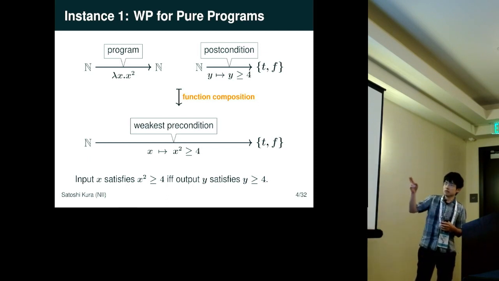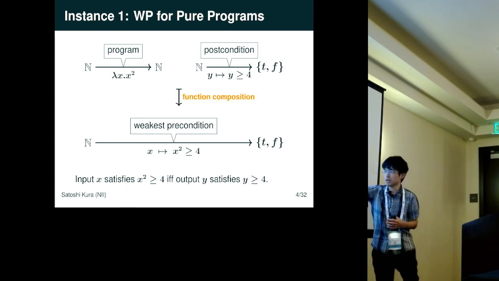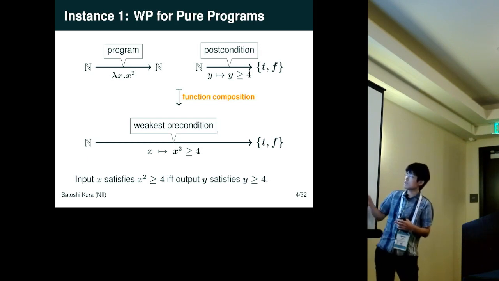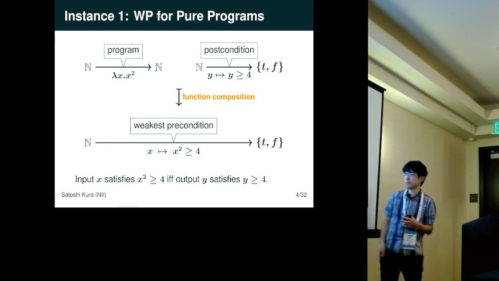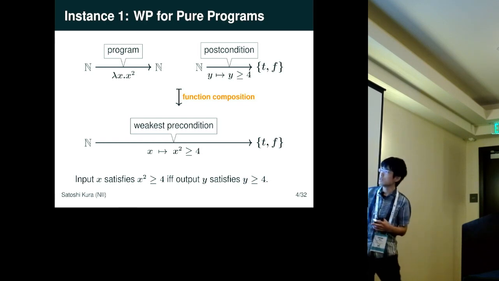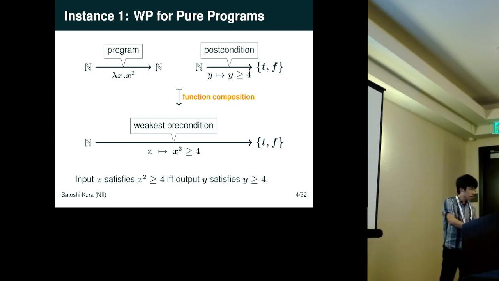In this case, the weakest precondition is given by this condition. This is because an output of the program satisfies the post-condition if and only if an input satisfies this condition.